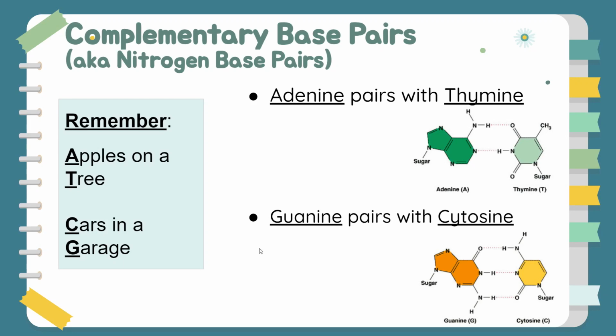This specificity in pairing is due to the hydrogen bonding interactions between the nitrogen bases. If we look over here at our actual images, you can see that adenine and thymine are held together by 2 hydrogen bonds, while guanine and cytosine are held together by 3 hydrogen bonds.